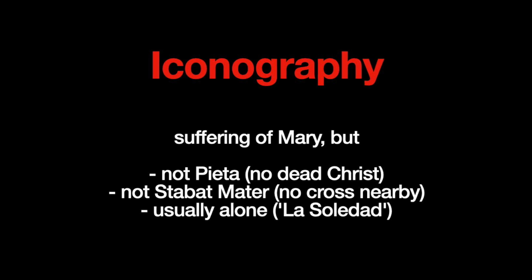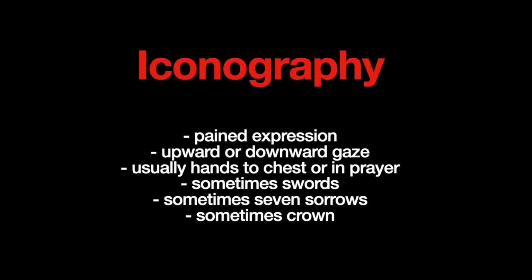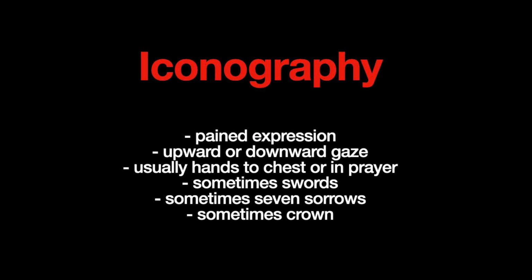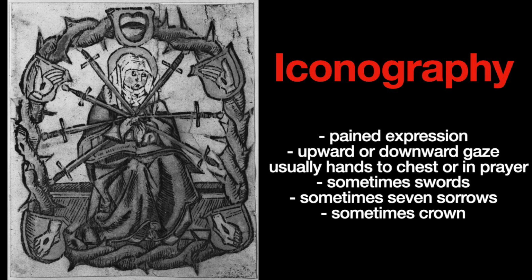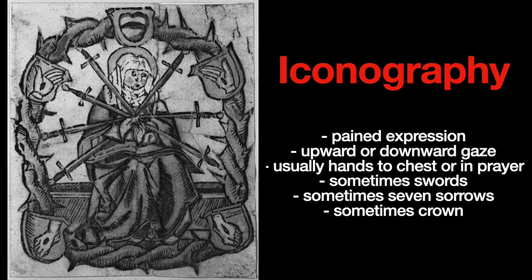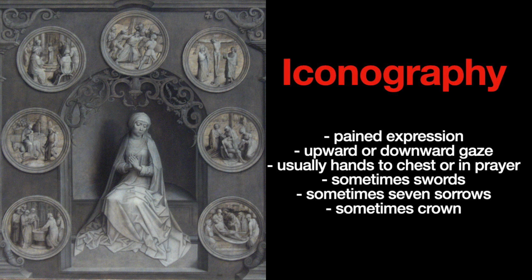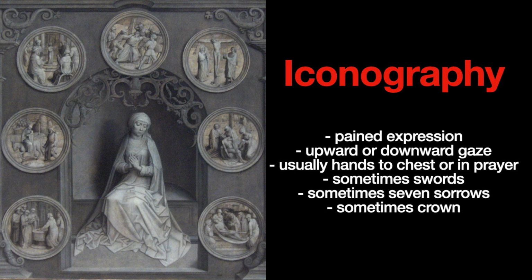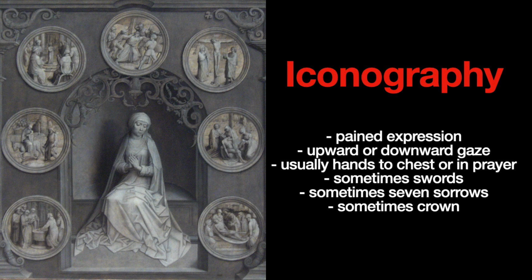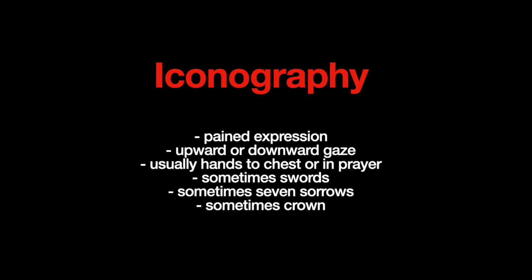Now, on the other hand, if you see the sad face of Mary, and you also see swords, or especially if they're directed at her heart, or if you see Mary surrounded by the scenes of the seven sorrows, in these cases you can be confident that you're looking at a Virgin of Sorrows.